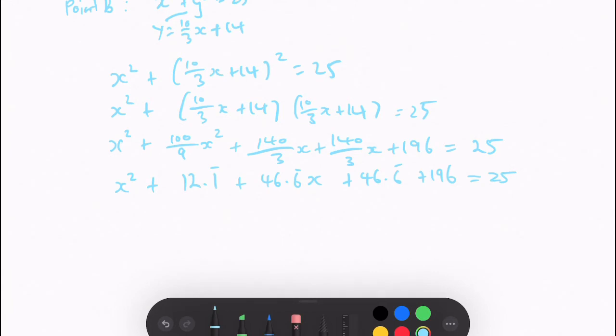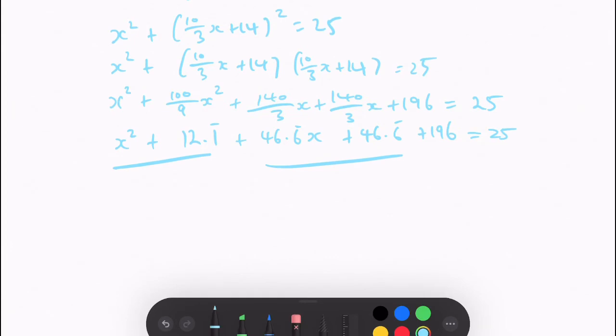Now we're going to combine like terms. Actually, it's not even 12.1, it's 11.1, and then you plus the 1, you get 12.1, point 3 x plus 196 equals 25.